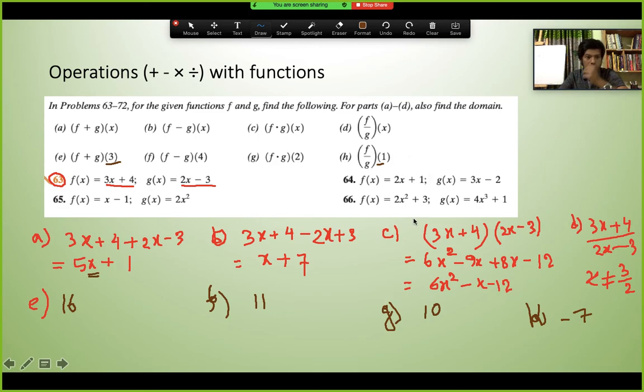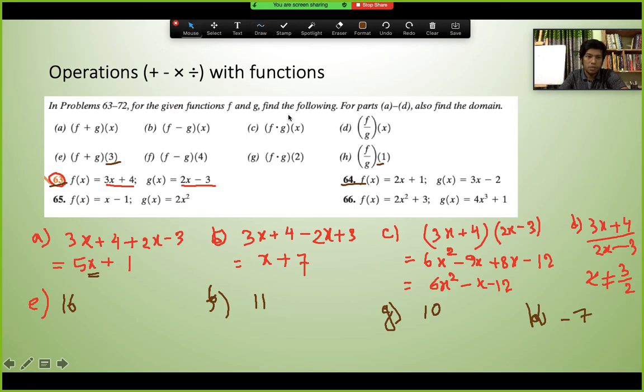As you can see, for number 60, there is quite a lot of work we have to do. For number 64, similarly we have to do all of them, A, B, C, D, E, F, G, H. For 65, 66, for all of them we have to do this kind of thing. And during the class time, we will try to solve a few more of these calculations.